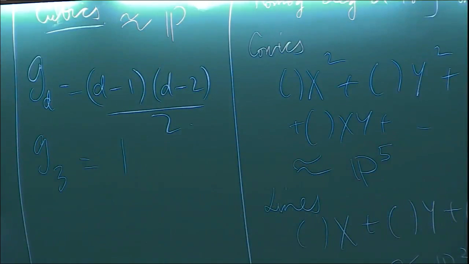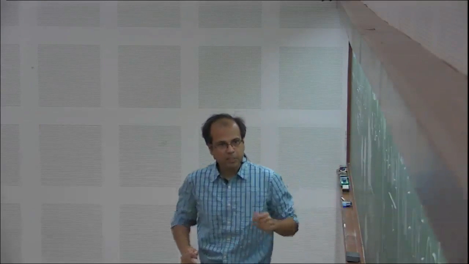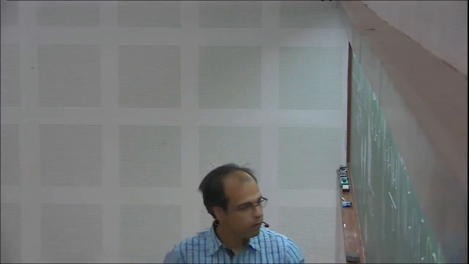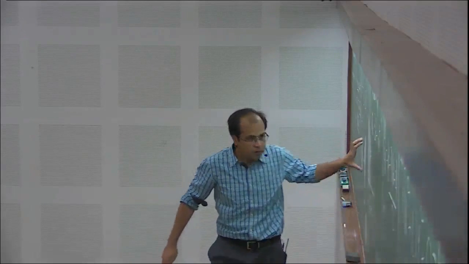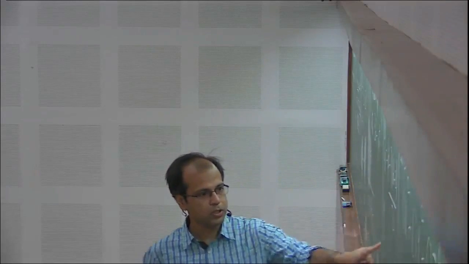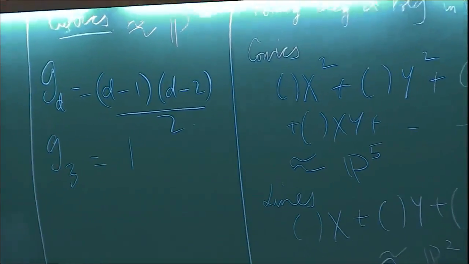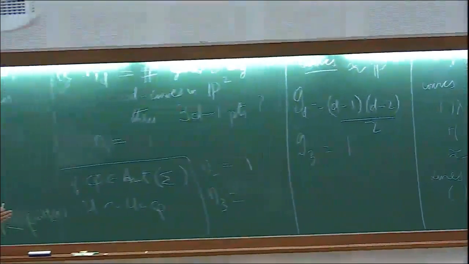And N3 is what? With N3 I'm asking how many cubics are there which I can realize as an image of a map from P1 to P2. Now, is it possible that if I pick a random cubic, it will be realized as a map from a P1? No. The only possible way I can get a cubic in this way is if that cubic has a node somewhere.